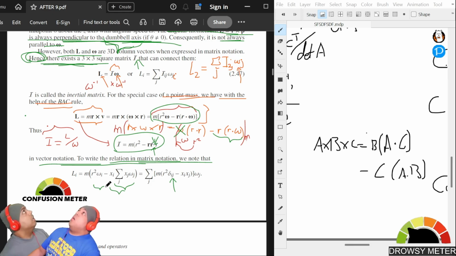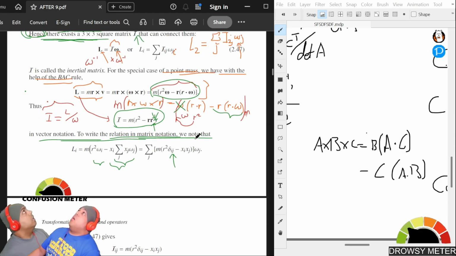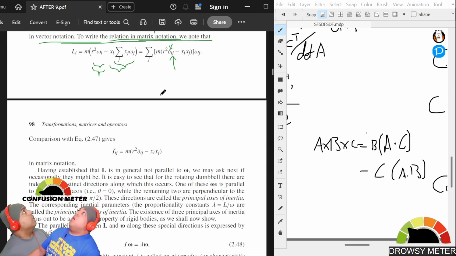Are we allowed to do that? Omega j, omega j, omega j. Let's just go with it for now. I will come back to this. I know how it worked for here, right? Because in order for this, it's weird, the Kronecker delta is weird. Okay, fine, I know how it works.